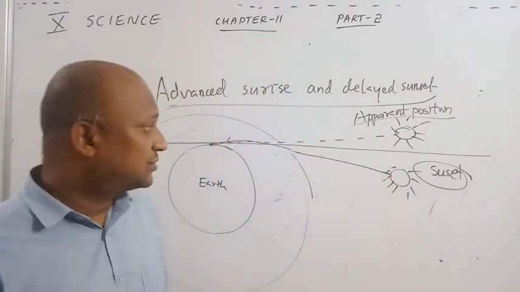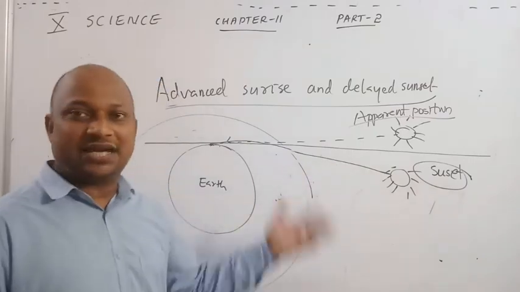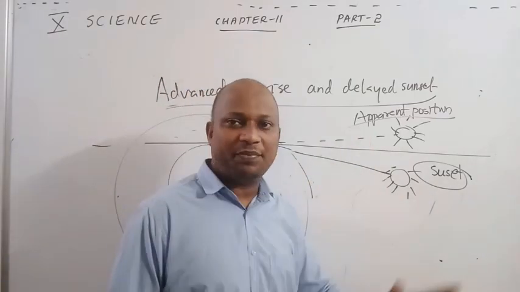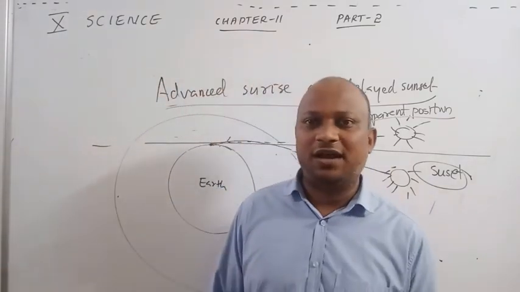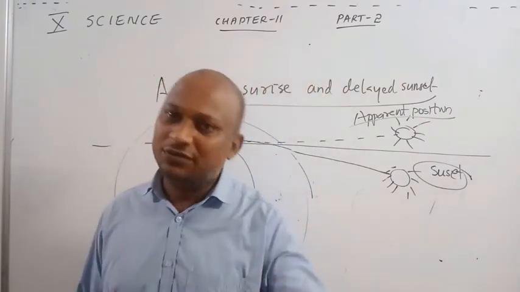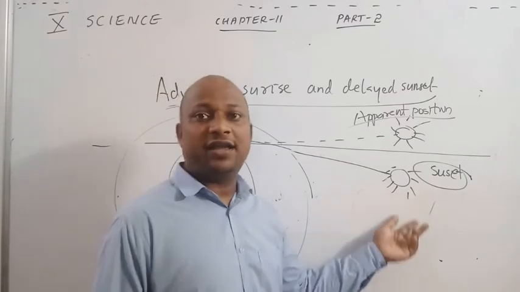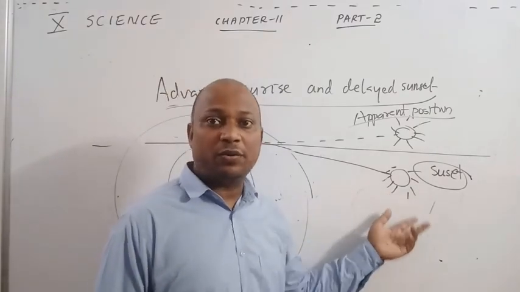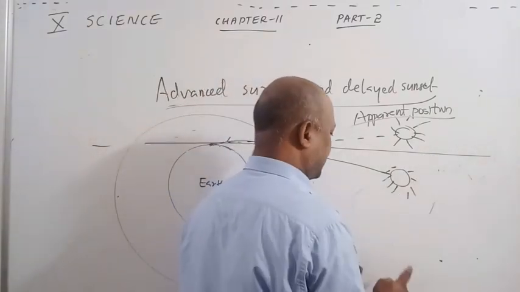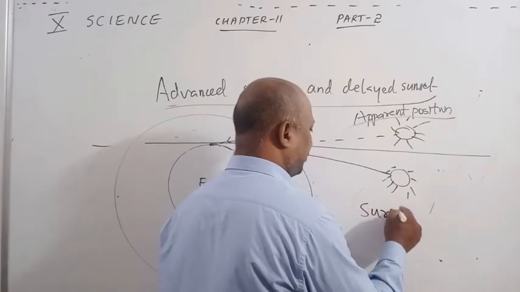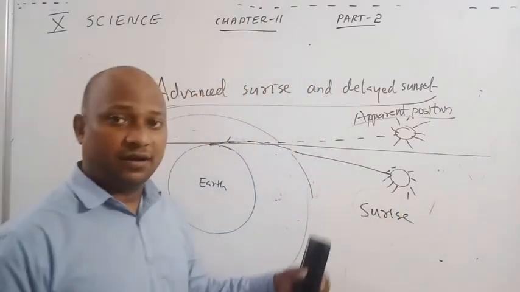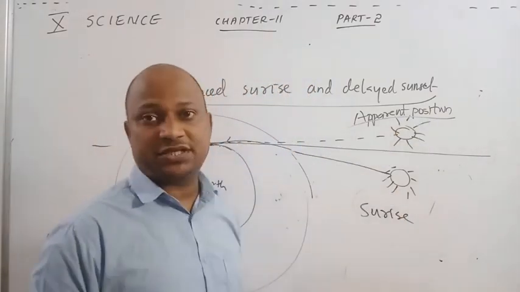We suppose the Earth is at rest, so the Sun goes up and down. So when the Sun is here already, when I am talking about sunrise, the Sun has not yet come up, yet we see the Sun's current position here.